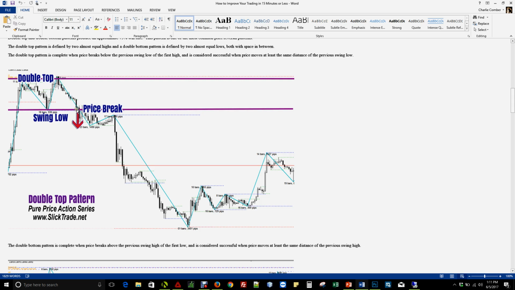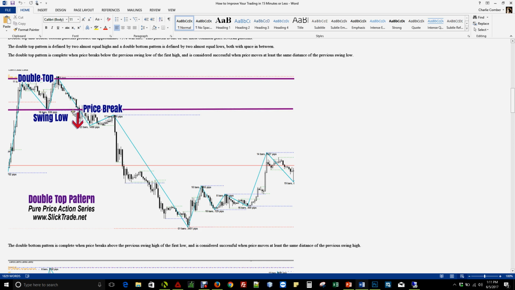Now, right here is that swing low, and once price breaks that swing low over here, which was on this candle, that black candle right there, that's where you'd enter that trade.